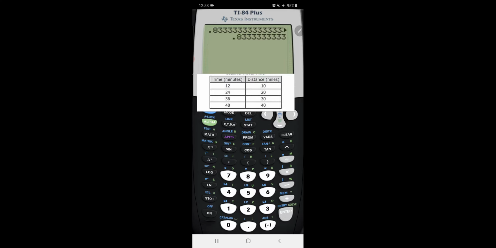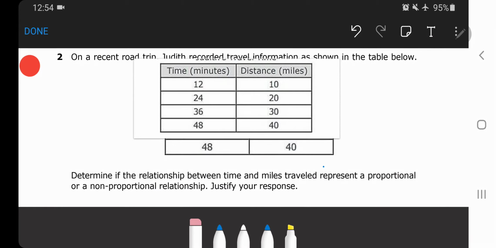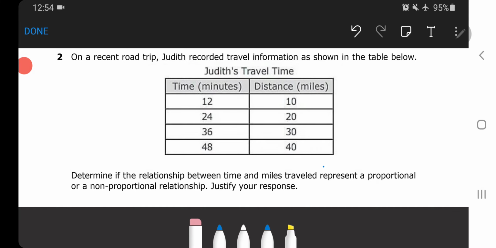We can just enter and hit math button over here, right below the alpha button, and hit enter, and it turns that number into a fraction. So therefore, that is the same thing that we got earlier. When I figured this guy out for you guys, we did get y equals 5 over 6 x. Once again, this is proportional.